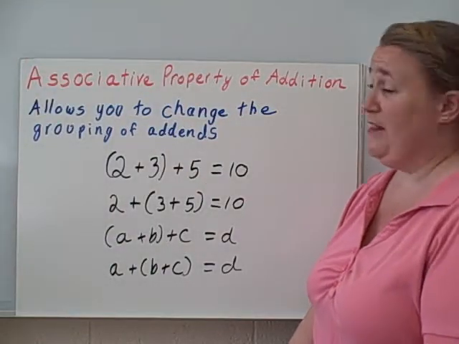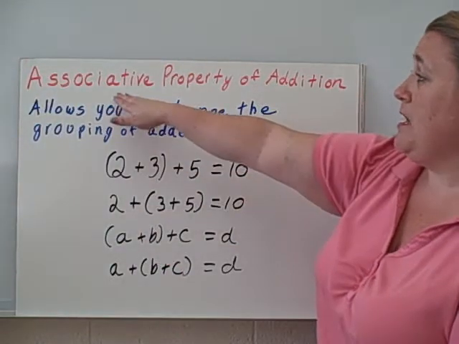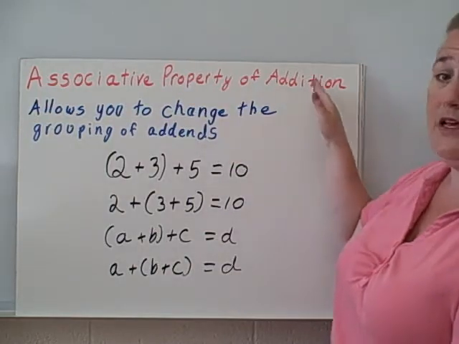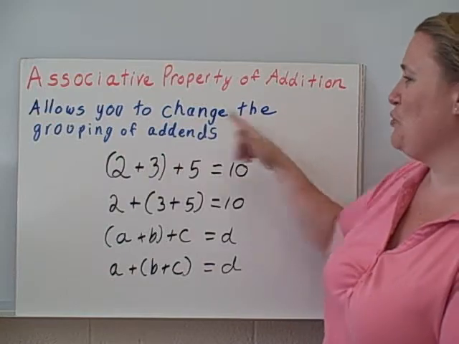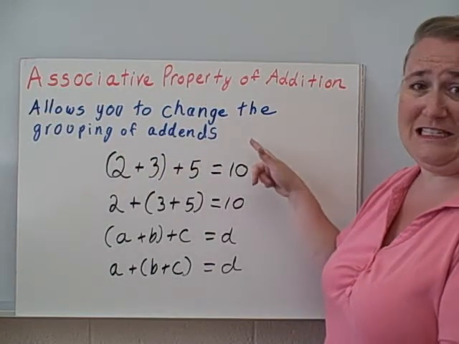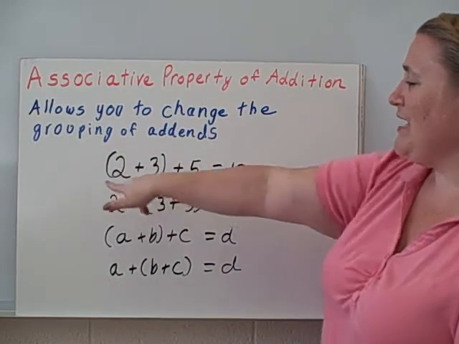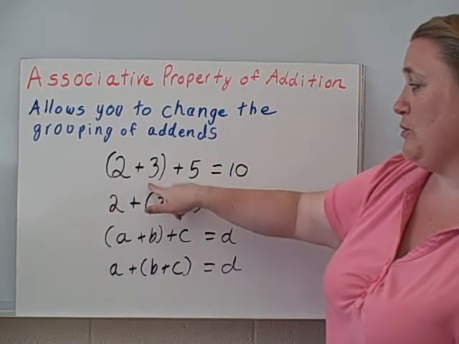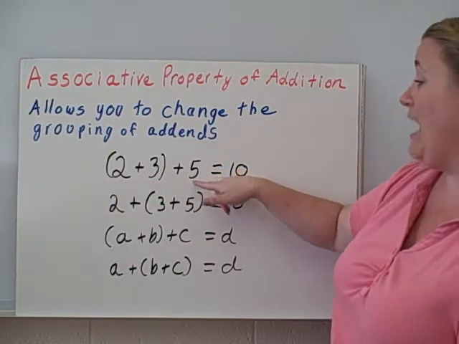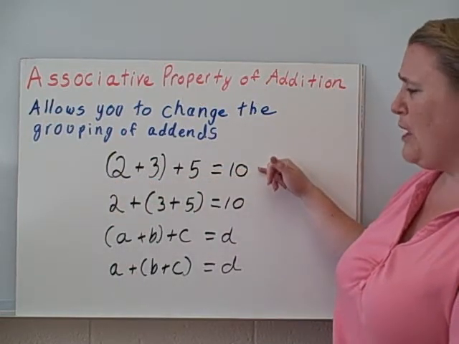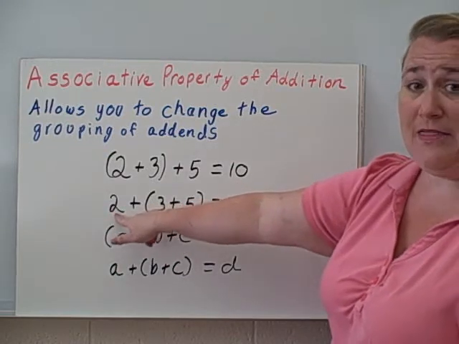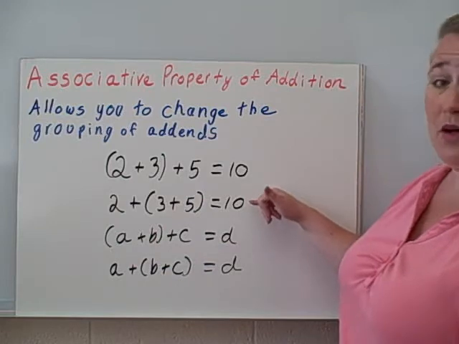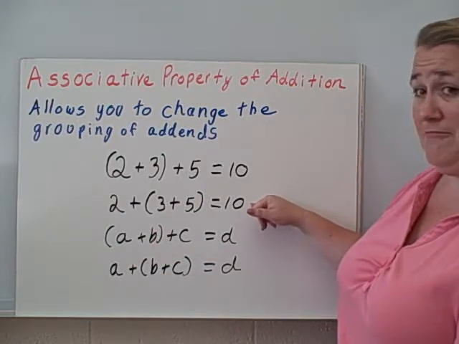One more property that we need to work on today, the associative property of addition. This allows you to change the grouping of the addends. So, I can pair 2 plus 3 and then add 5 and I'll get 10. But I can also pair up 3 plus 5 and then add 2, and I'm also going to get 10.